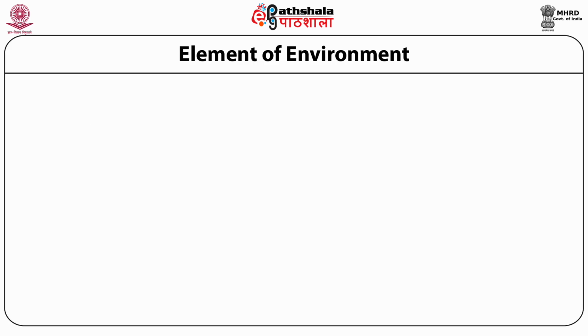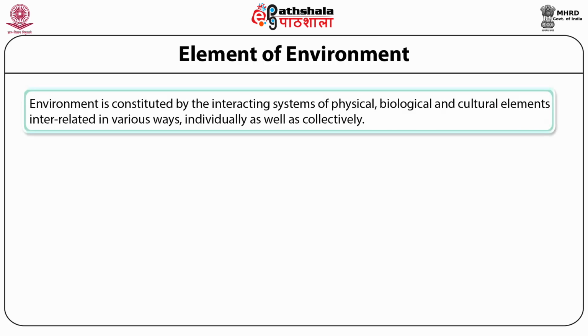What are the elements of environment? Environment is constituted by the interacting system of physical, biological and cultural elements, interrelated in various ways, individually as well as collectively. There are three major elements contributing to the environment: physical, biological and cultural.